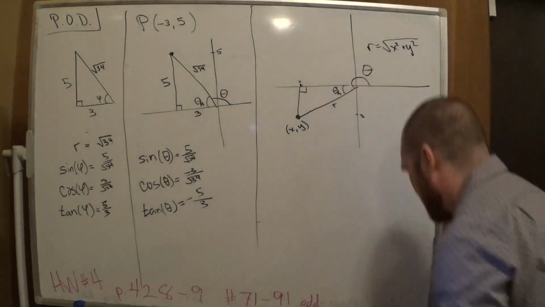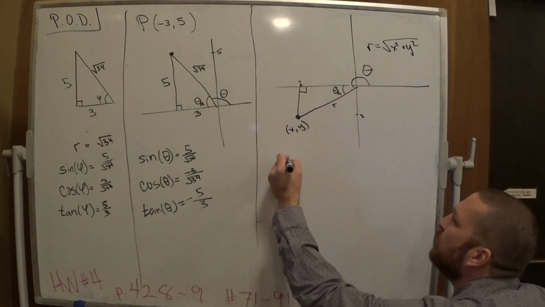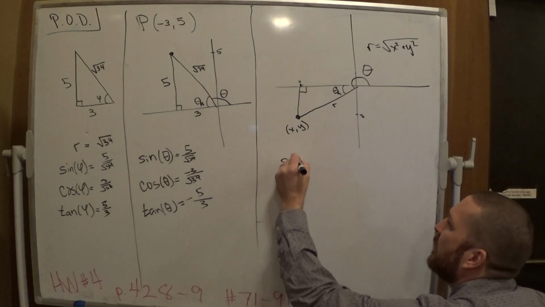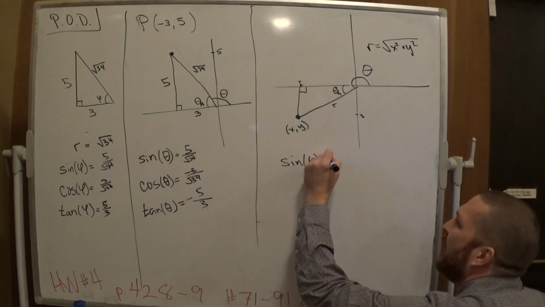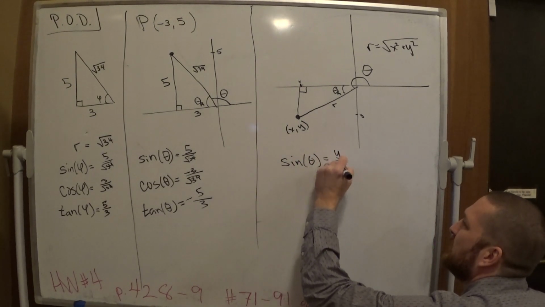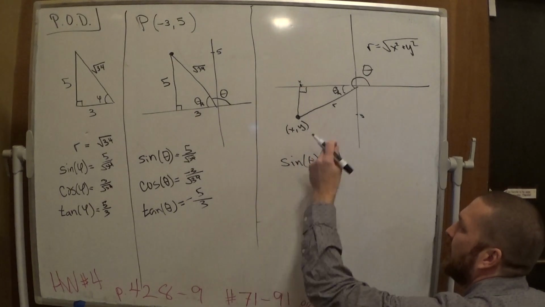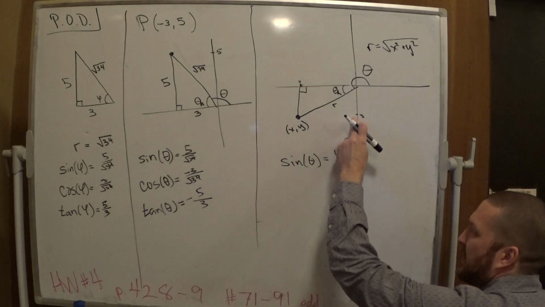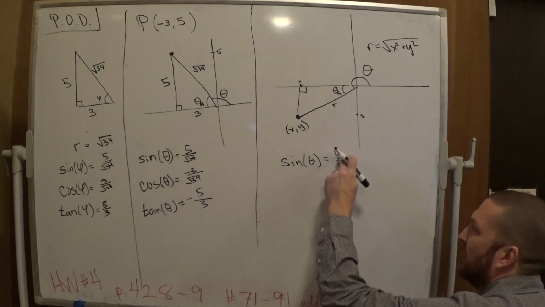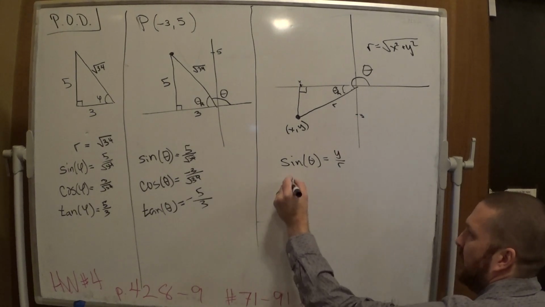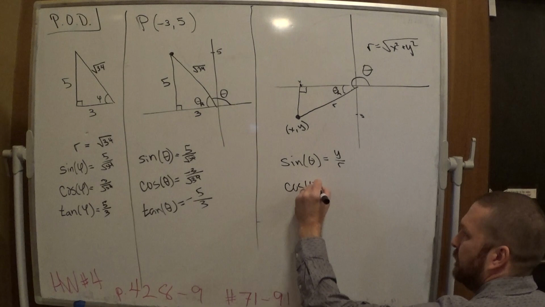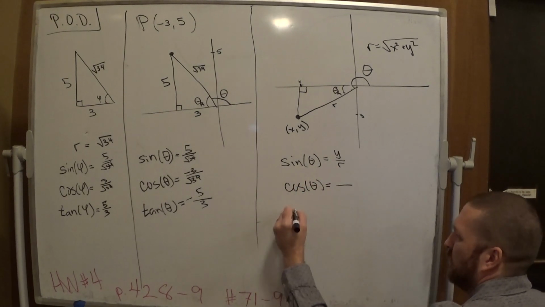Since that's the case, if we were so inclined, from the very first day we could have defined sine to be simply y over r. I mean the actual coordinate. So if that's a -2, you would put -2 right there over r. Ditto with cosine. Only cosine's going to be what over what?